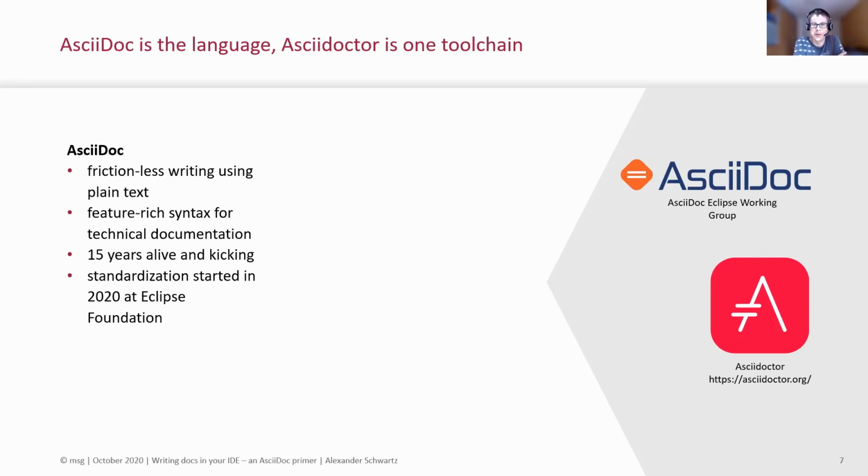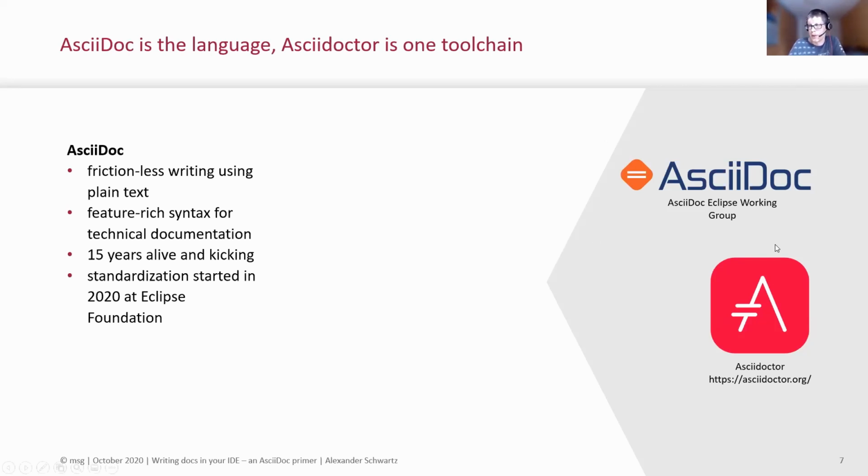While there have been several AsciiDoc implementations, the aim of this working group at Eclipse is to have a real standard and probably also a compatibility suite, so that all the implementations that want to be compliant can follow that standard, and you can then interchange a text file that you've written and tested with one implementation even better than today, so that it will also work with another implementation.